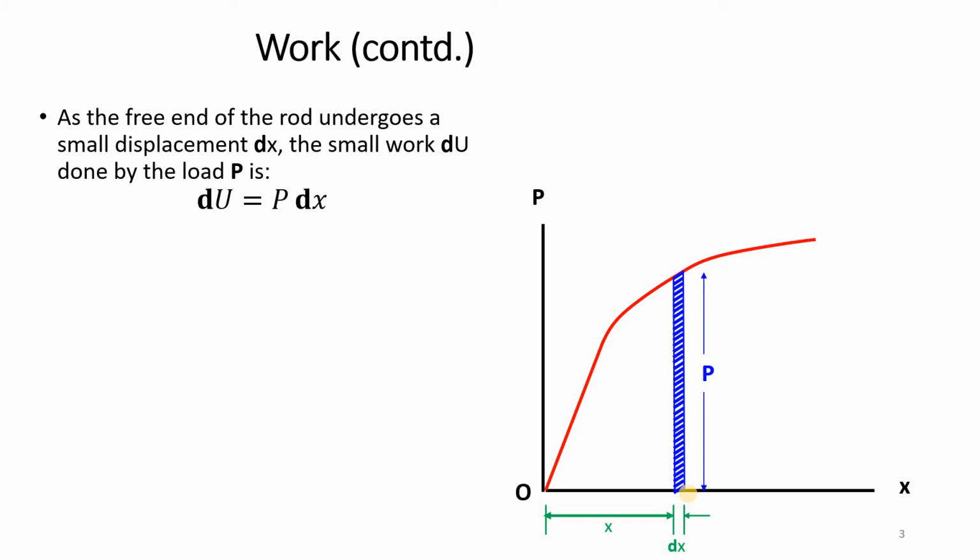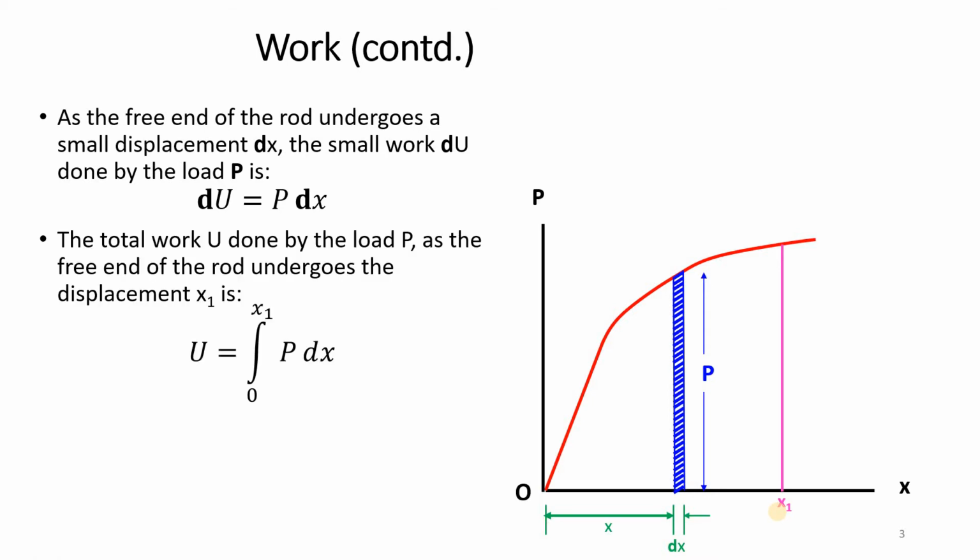For the total work done while the displacement increases from 0 to a certain value, let's say x1, the total work done by the load P is given by integrating P with respect to x with limits from 0 to x1.